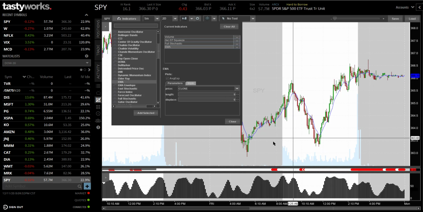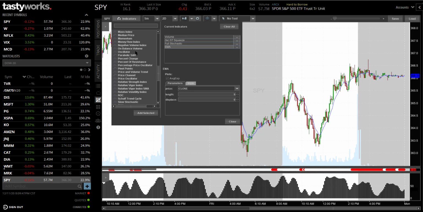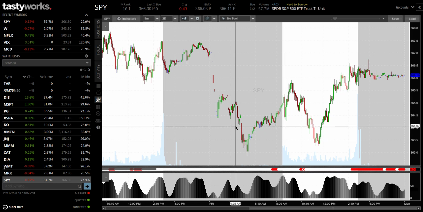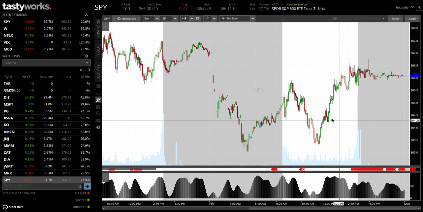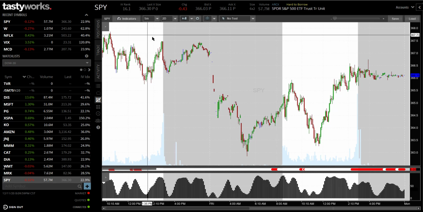We can go in and change all the normal features that you would expect: the width of the line, the style of the line, the color, the different moving average numbers to make this into something else, right? So it's what you would expect when it comes to just having indicators and having choices with those indicators, but nothing more than that. No advanced custom stuff.